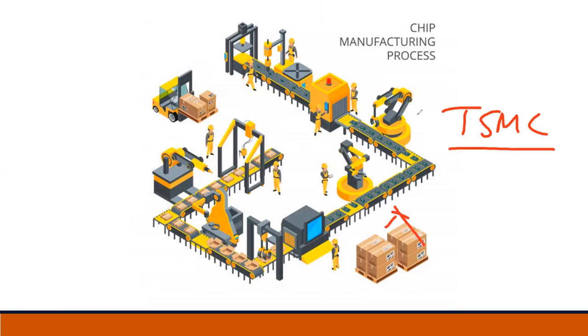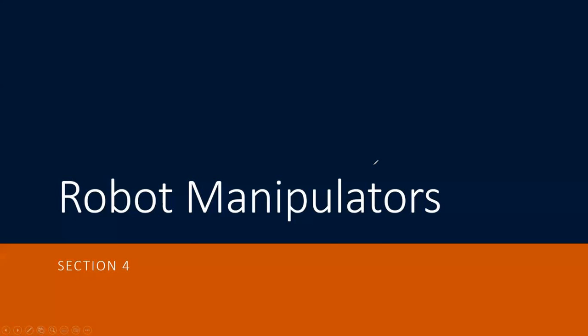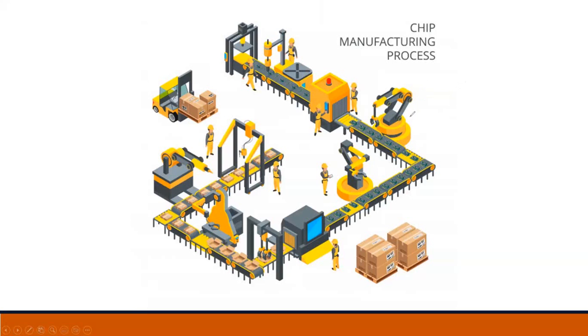Their production line right now, I think more than 95% of the production line is automatic. So in chip manufacturing, almost no human just goes through a production line, and most of it is controlled by computers or robots.